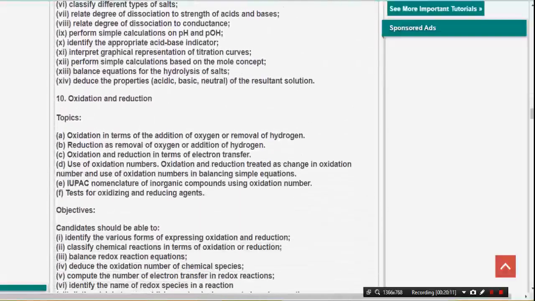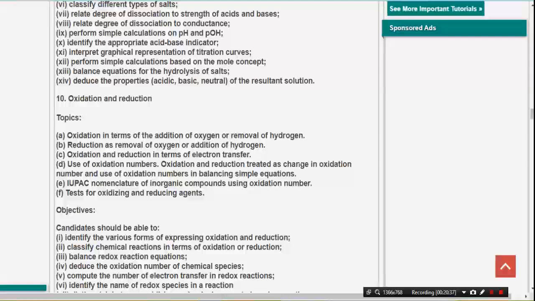Section 10 is oxidation and reduction. Topics: oxidation in terms of adding of oxygen and removal of hydrogen. Reduction as removal of oxygen or addition of hydrogen.